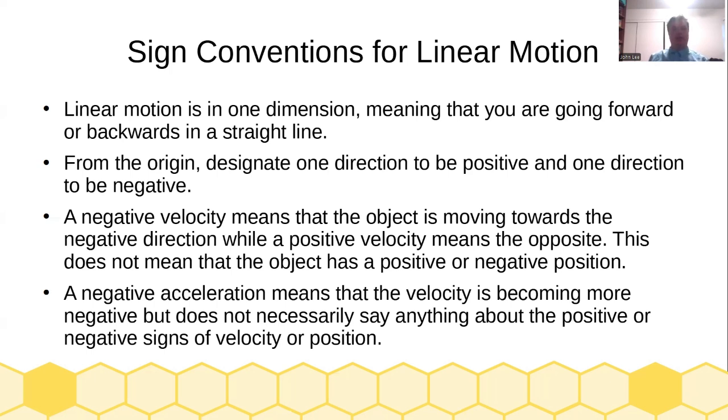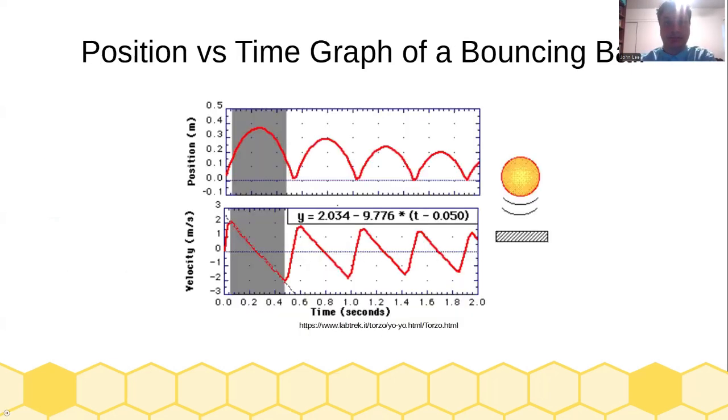A negative acceleration similarly means that the velocity is becoming more negative, but does not necessarily say anything about the positive or negative signs of velocity or position. Looking at these position versus time graphs for a bouncing ball, a ball that is in free fall, we can see what we expected to see from the position versus time graphs earlier.